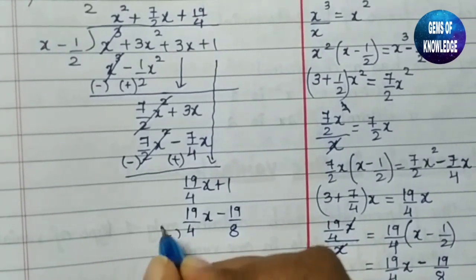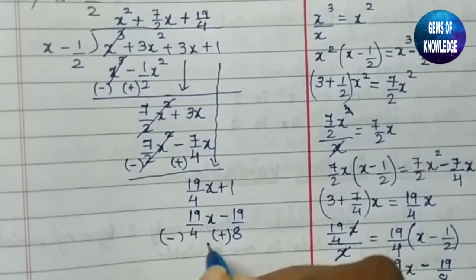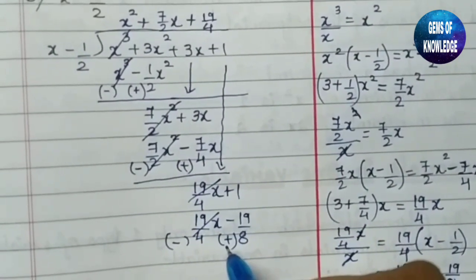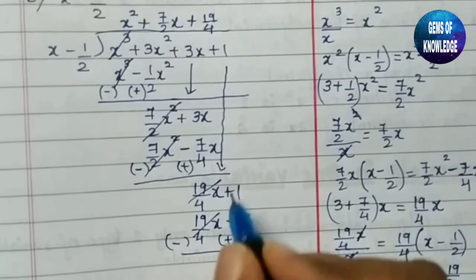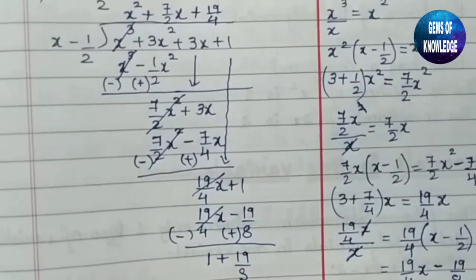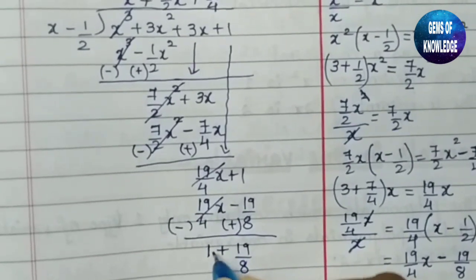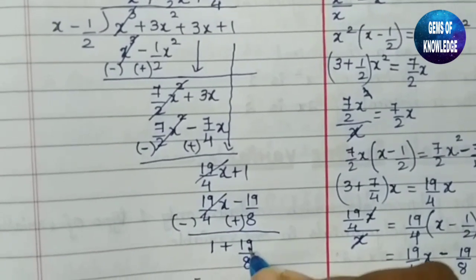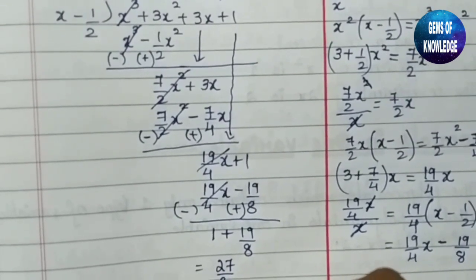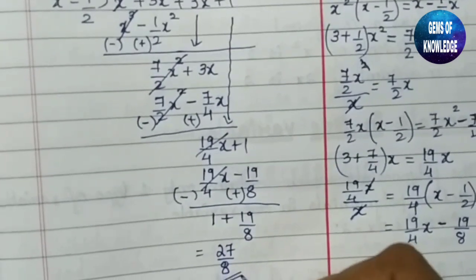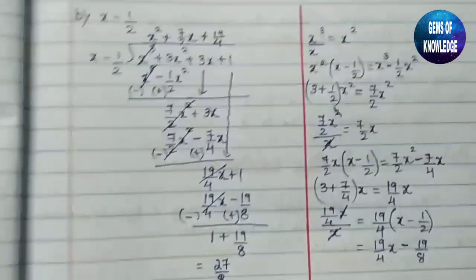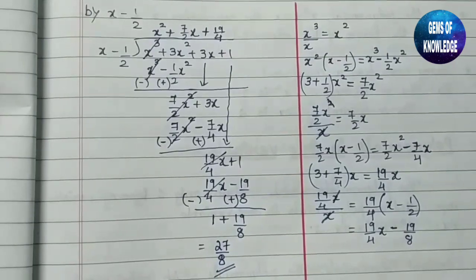After changing the sign we are getting here minus and here plus. So finally we will get the answer as 1 plus 19 by 8. So 8 ones are 8 plus 19 will be 27 by 8. So this will be the answer. This is the solution for your second one.